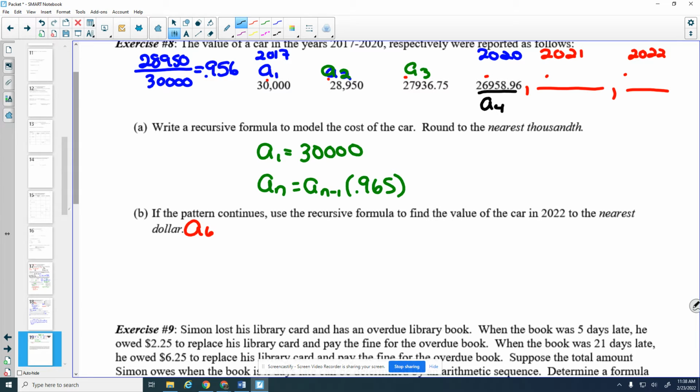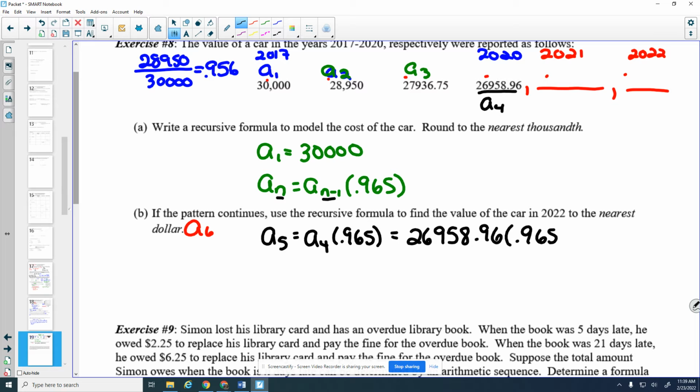I'm going to use this value, which is a sub 4, and I have to find the next one. So to find a sub 5, if I put a 5 in here, n minus 1, if n is 5, n minus 1 is 4, and we're multiplying by 0.965. Now, if you get this, you probably can just do this. I'm just writing out the notation to make sure people understand what's going on. So I'm going to plug in a sub 4, which is 26,958.96, and multiply it by 0.965, and that's going to give me a value of 26,015.40.